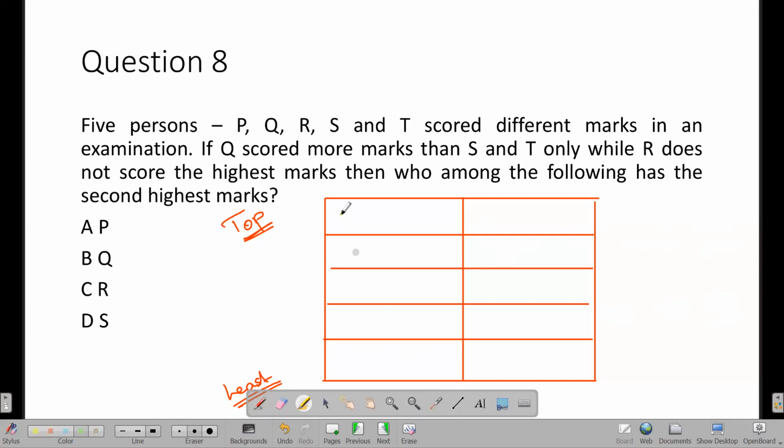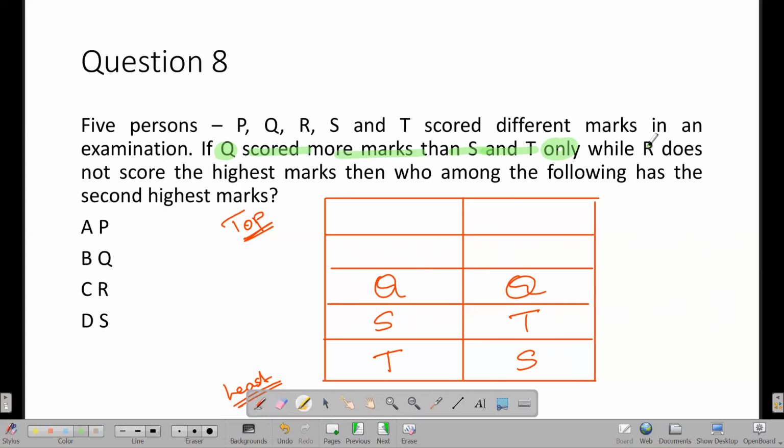It is given in the question that Q scored more marks than S and T only, which means you can consider Q will be at this position. He got more marks than S and T only. So between S and T, who got more, we don't know. So ST is a possibility. TS is another possibility. Got it?